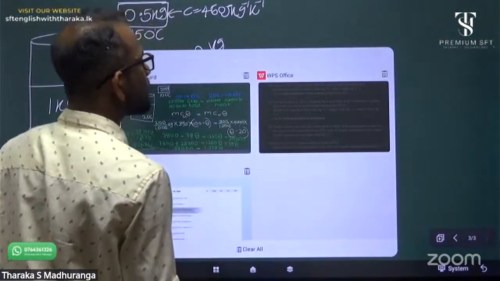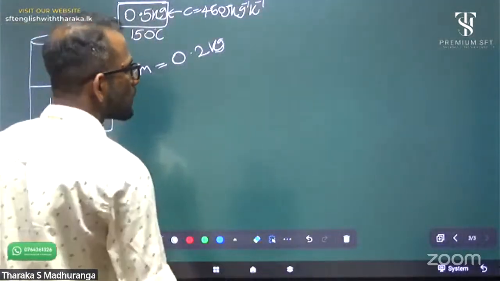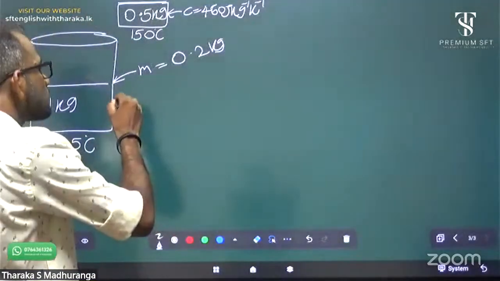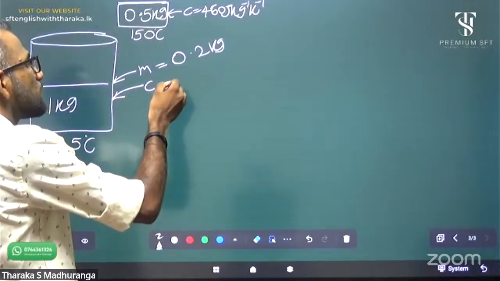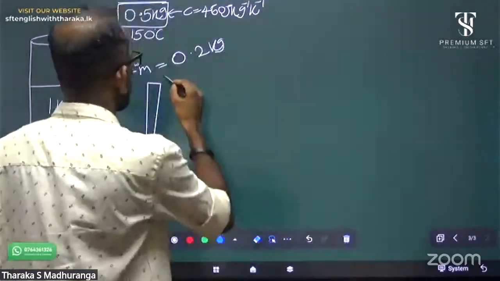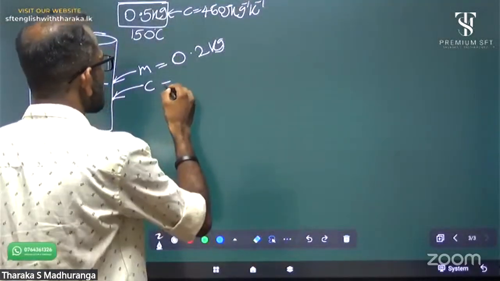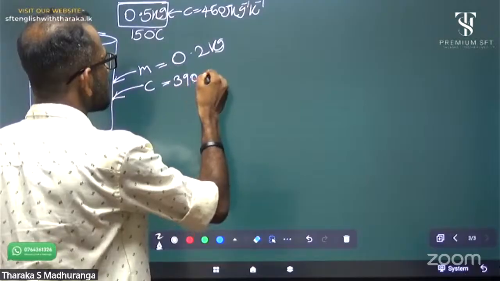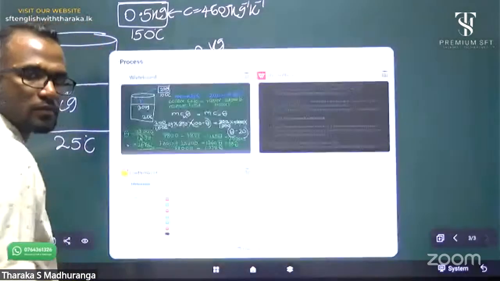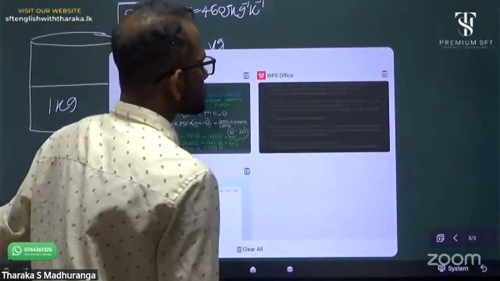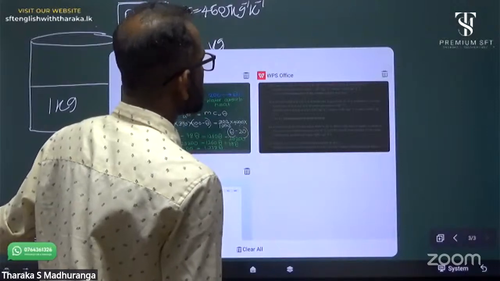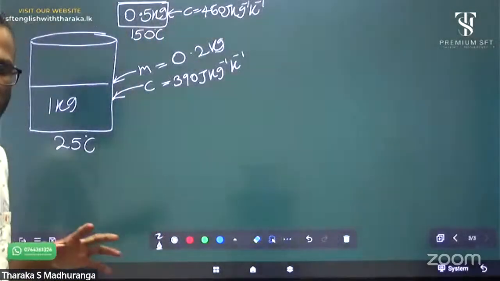The specific heat capacity of copper, meaning this container, is 390 J kg⁻¹ K⁻¹. What else is given? The water's specific heat capacity is given, and the final temperature of the mixture is asked.